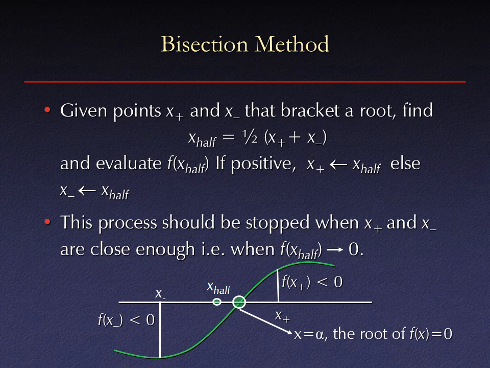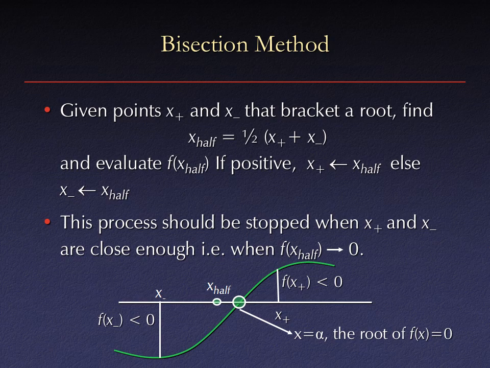If f(x half) is greater than 0, then we take x half as our new x plus, and if f(x half) is less than 0, then we take x half as our new x minus.